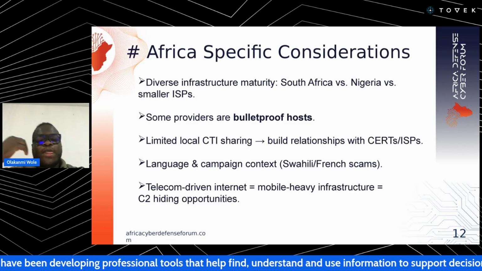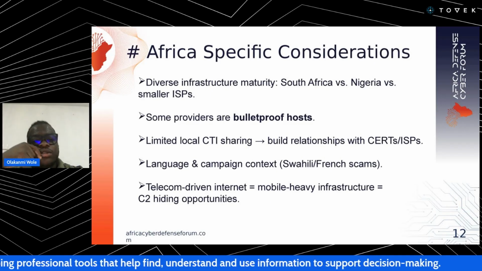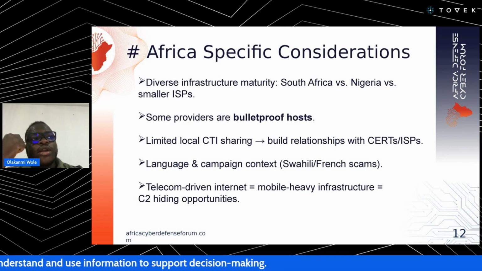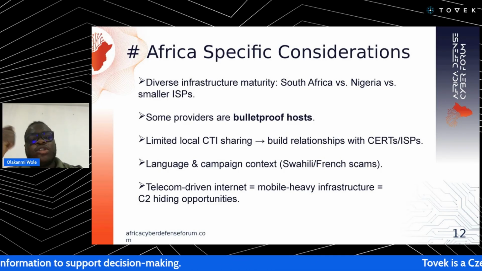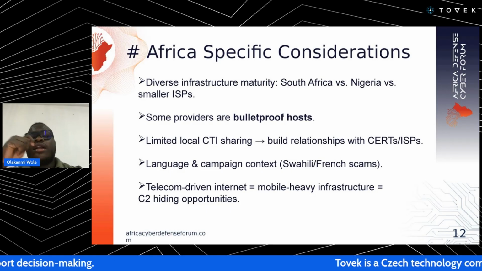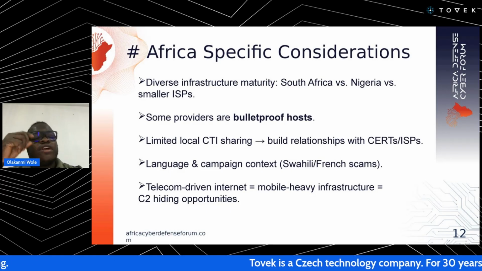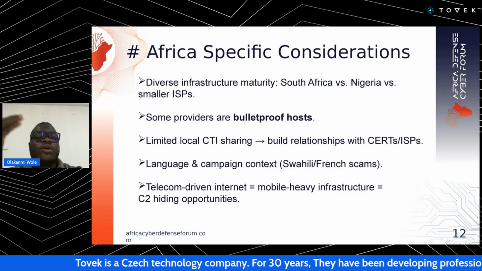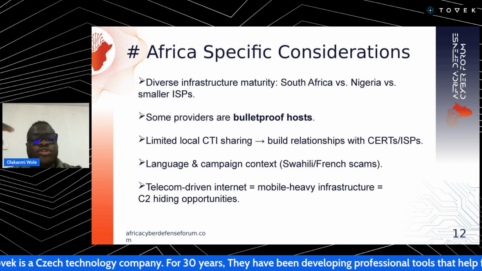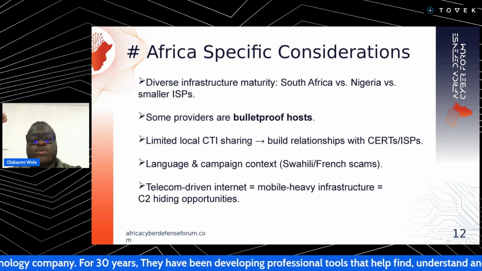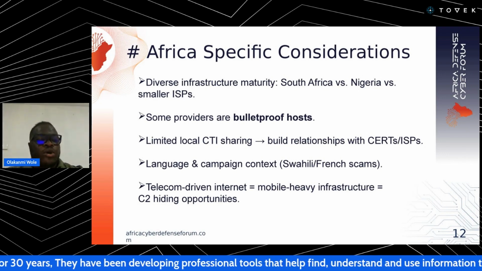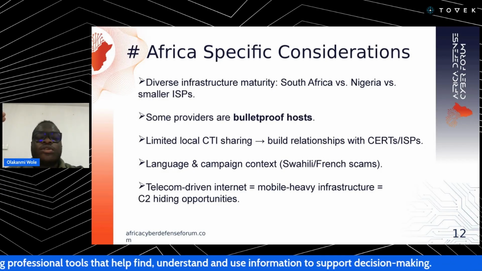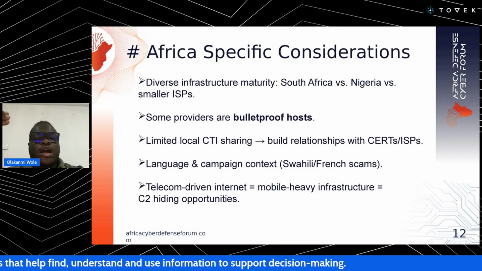So we're looking at Africa, right? Something that is always very important to consider, and this is not just Africa, this can also be generalized broadly, is infrastructure maturity, right? Maturity across several countries differs. The USA, for example, would definitely be more mature in terms of infrastructure, in terms of monitoring ISPs, detecting this type of issues.